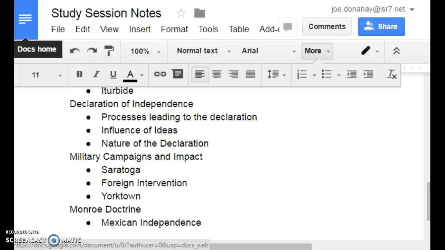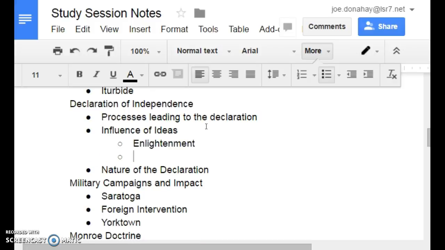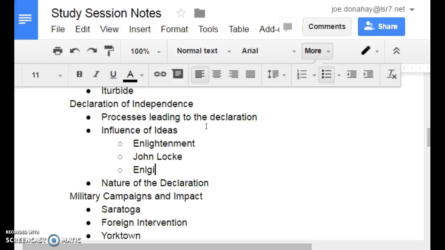With regard to the influence of ideas on the Declaration of Independence, we should point to perhaps 3 things: the Enlightenment in general, John Locke in particular, and English history as well.